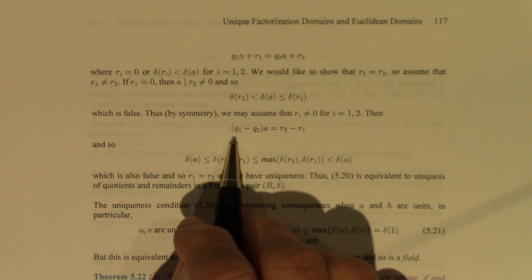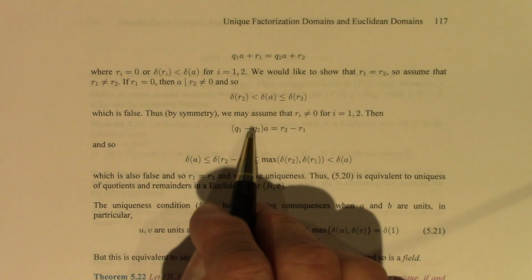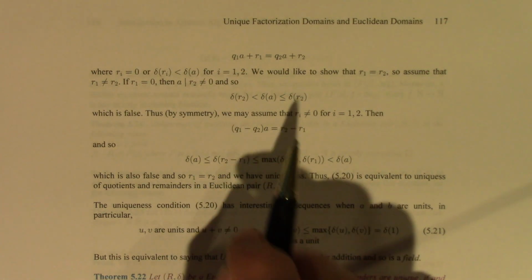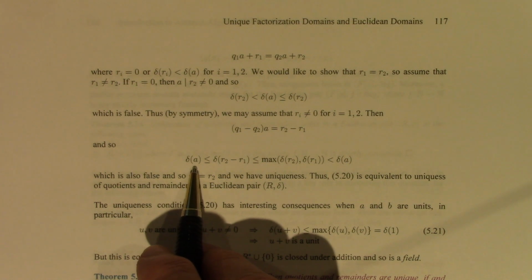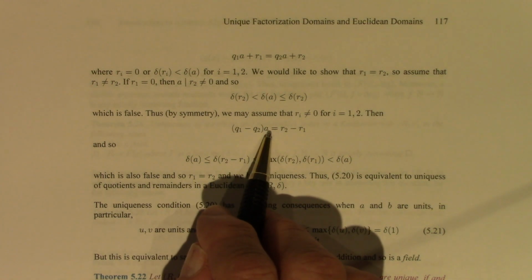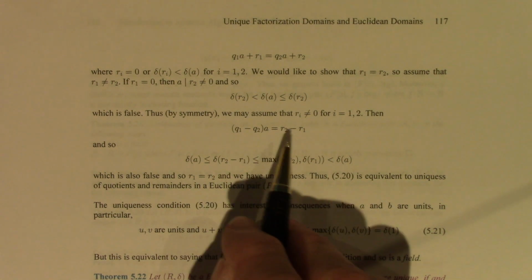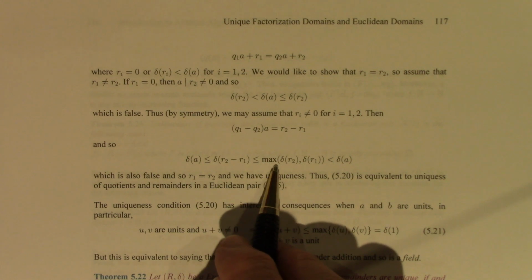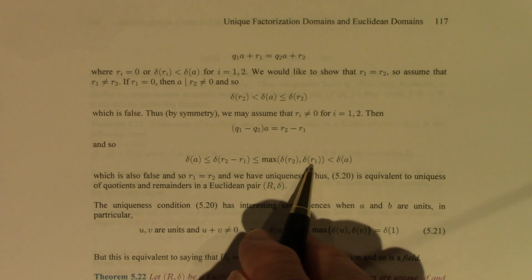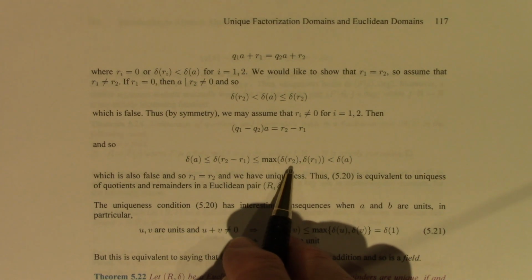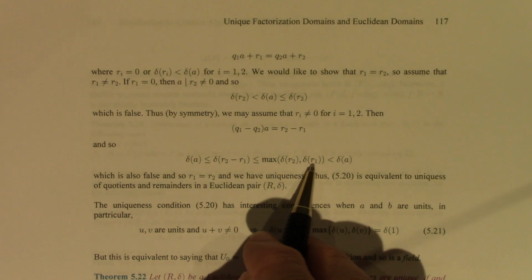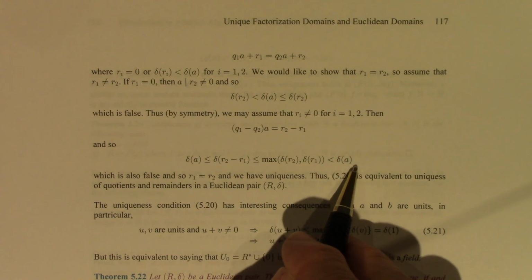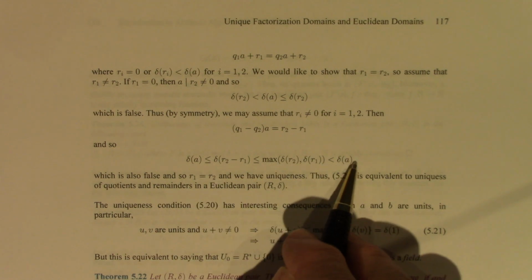Then we can write this equation like this, and so norm of A is less than or equal to norm of R2 minus R1. Here's where we use the uniqueness condition, less than or equal to the maximum of norm R2 and norm R1. But these guys have norm less than norm of A. And again, this is false.